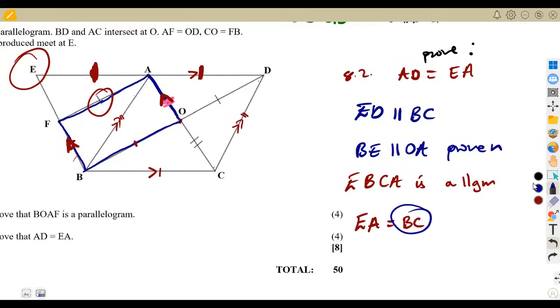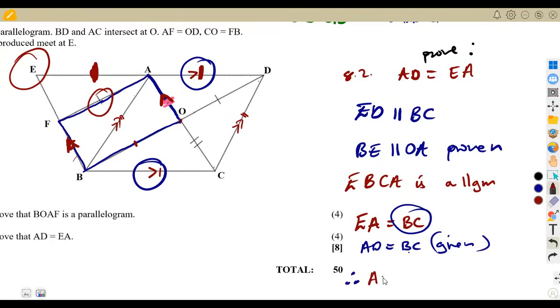Remember before, we said AD and BC are the same. AD is equal to BC; this one is given. So if AD is equal to BC, we can give as a conclusion that AD is equal to AE, which is EA. Just write it the way that I gave you. AD is equal to EA, because EA is equal to BC, and the same BC is equal to AD. So AD will be equal to EA.